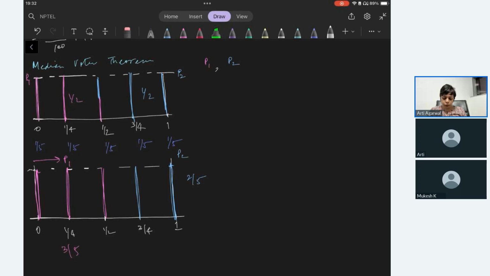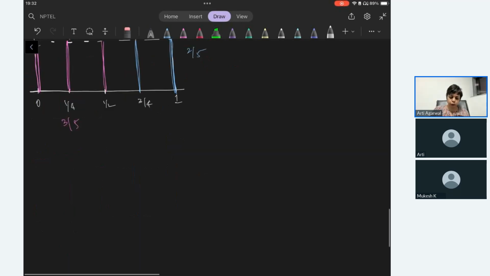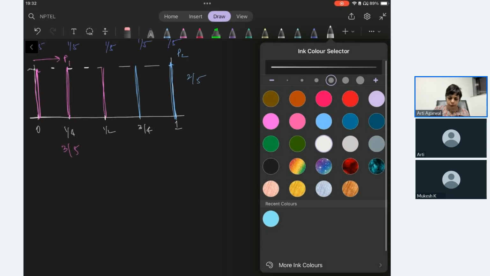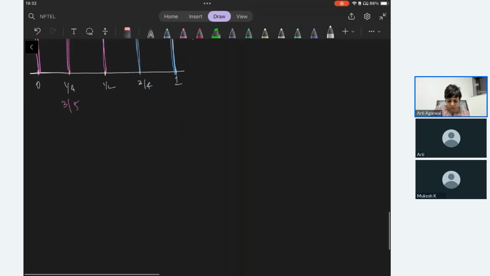Right? So now we can again look at what happens if they both move to a quarter and 3 by 4. If P2 also moves to 3 by 4, let's redraw this. This is how we are going to proceed. It's not rocket science, but you do have to do it systematically, step by step.